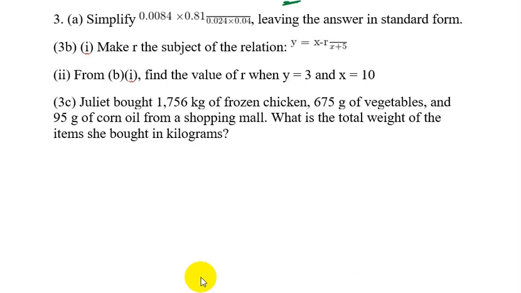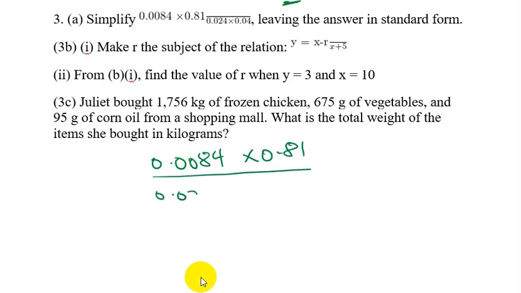The question is 0.0084 times 0.81 all on 0.024 times 0.04. Now what do we do?